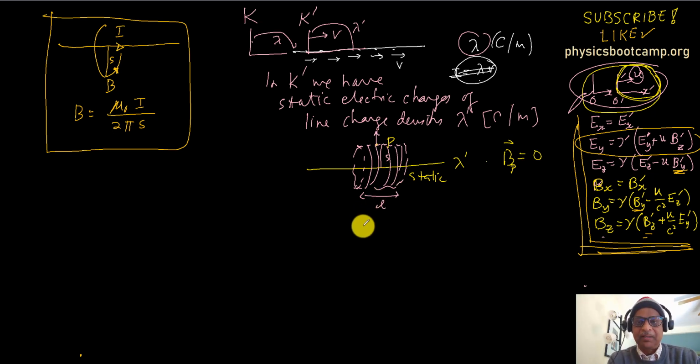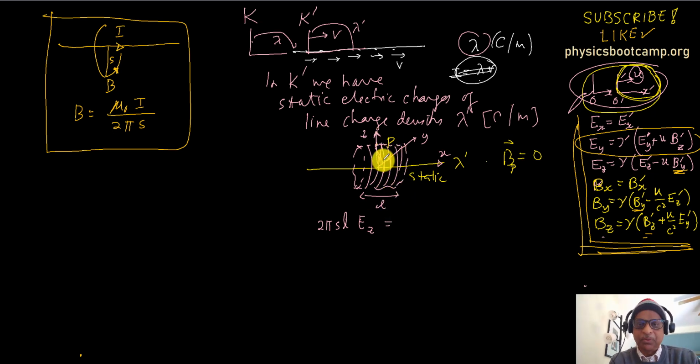E times 2 pi s L is the flux through the entire surface, and it's going to be the same everywhere.